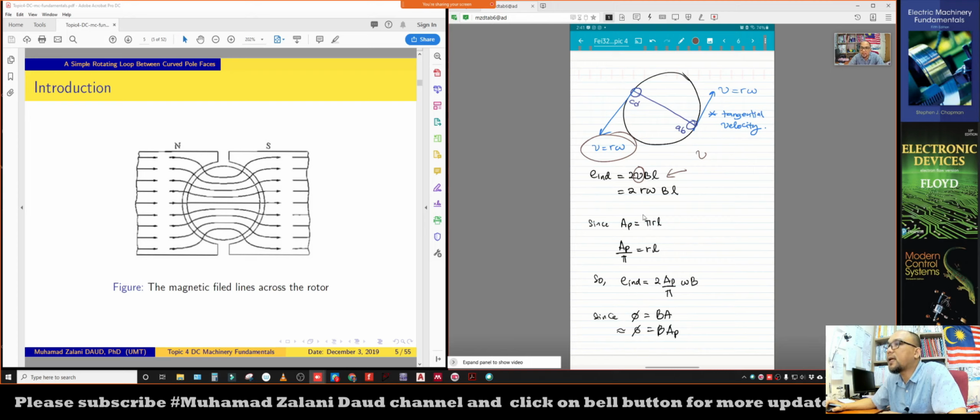We further expand this equation by substituting AP with pi RL. We rearrange this, so AP over pi is RL, because we are going to substitute this RL inside that equation with AP over pi, and then we get this sort of equation for induced voltage.